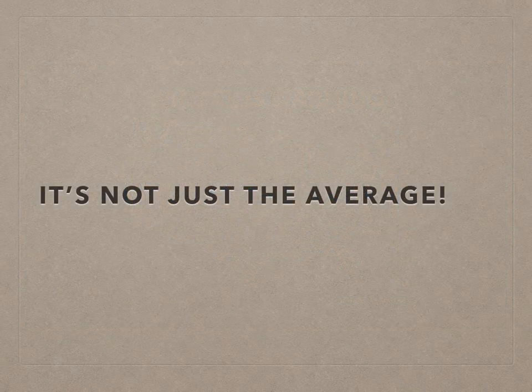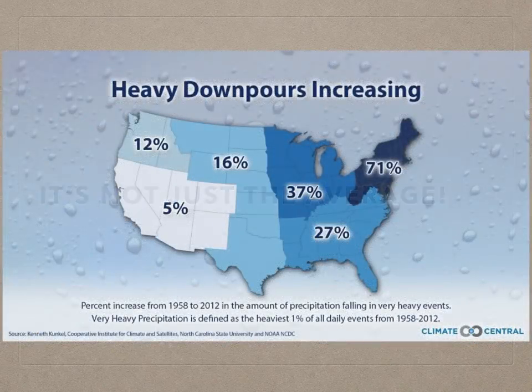It's important to note that it's not just the average climate that's changing over time. When you change the average, you also change the extremes that make up the average. And here's an example of that. This is the heavy downpours that have increased from 1958 to 2012 over the various parts of the United States.